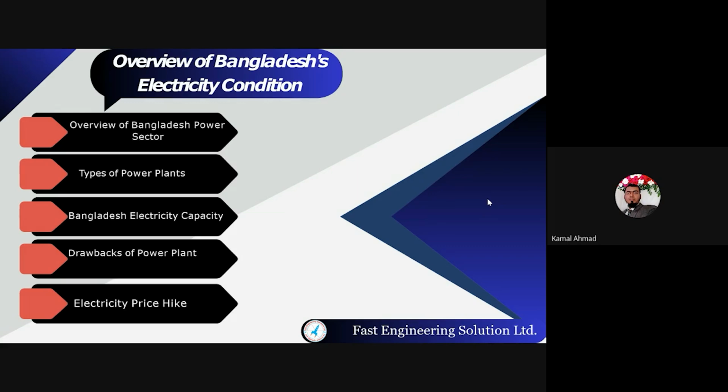So the industry sectors, the textile sector, the pharmaceutical sector, you can name any sector which is using captive power generation, will have to use energy in a very efficient manner so that they get the proper outcome from this sector. So let's go in depth to discuss the points.